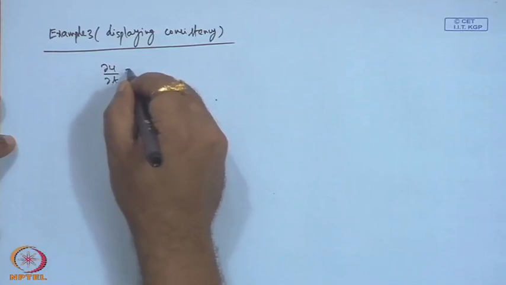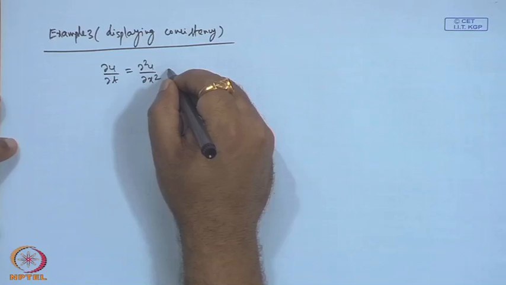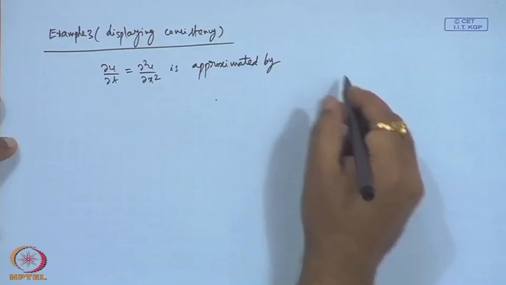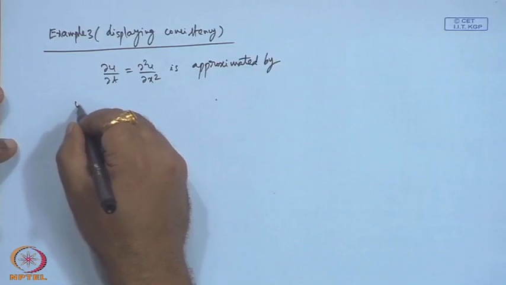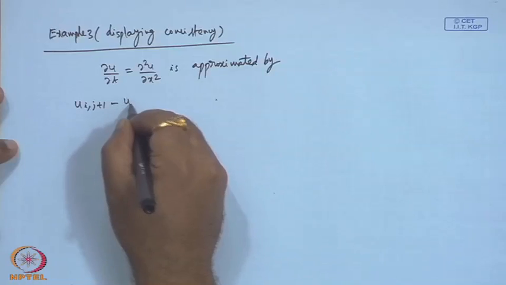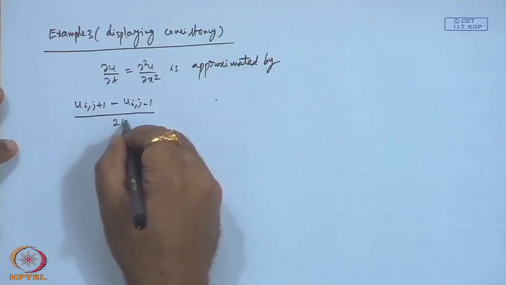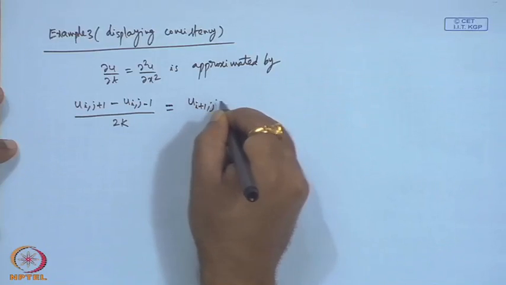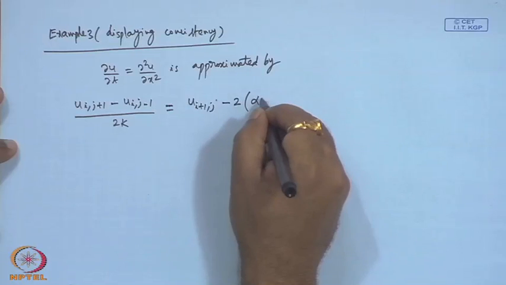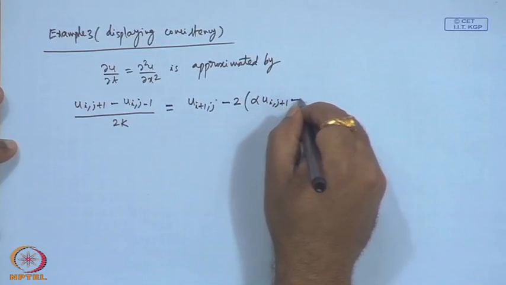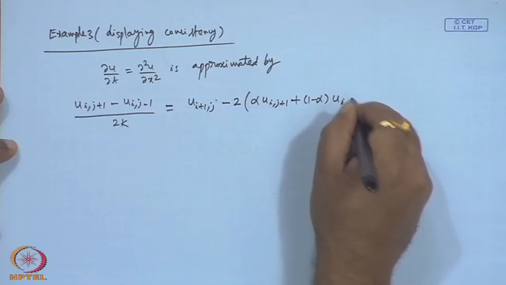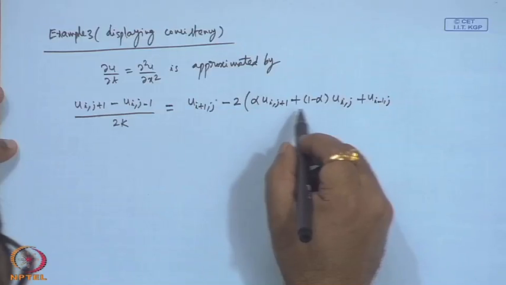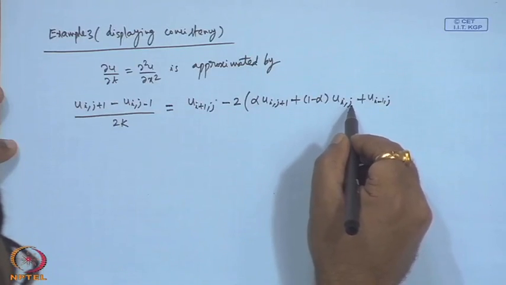Suppose this is approximated by, this is j minus 1.